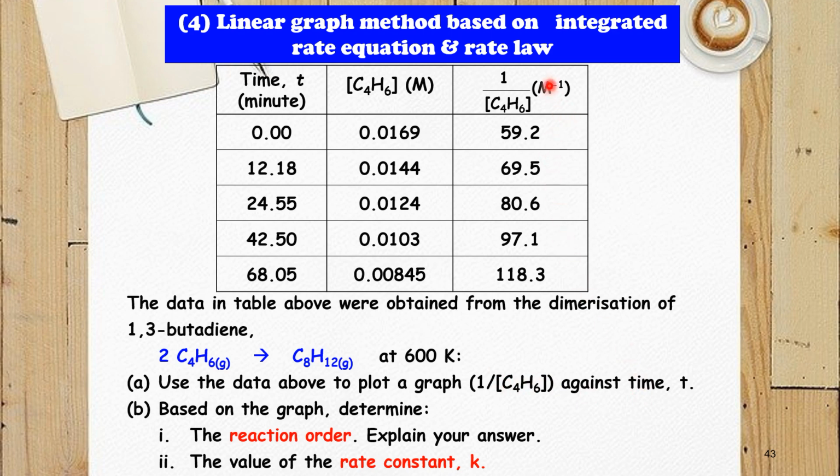So meaning that this is referred to the y-axis. Okay, this data is the y-axis and this data is the x-axis. Okay, and then based on the graph, determine the reaction order, whether 0, first or second order, and you have to explain. Okay, and then you have to determine the value of the rate constant k based on the graph.